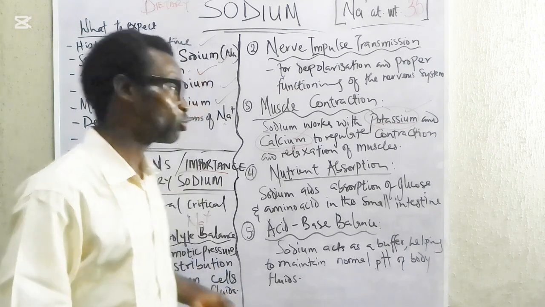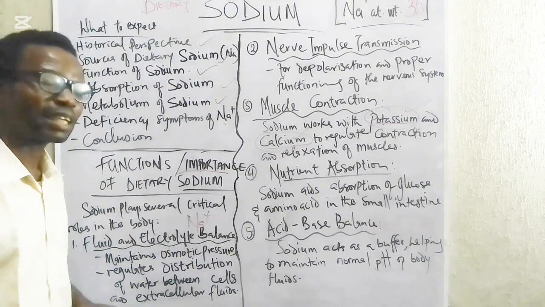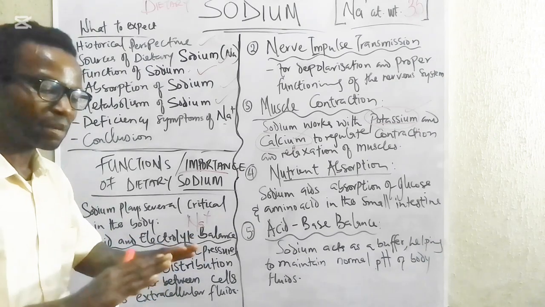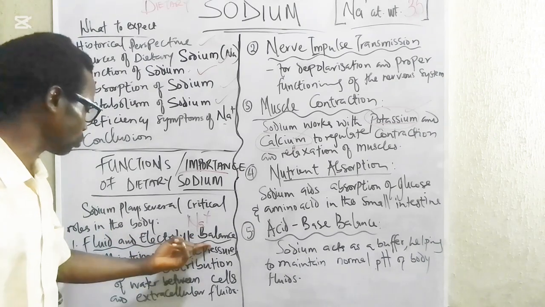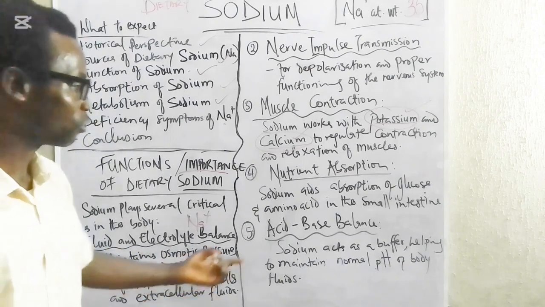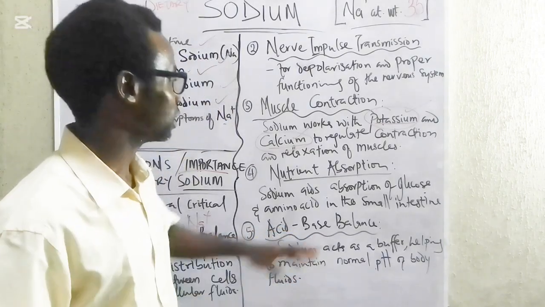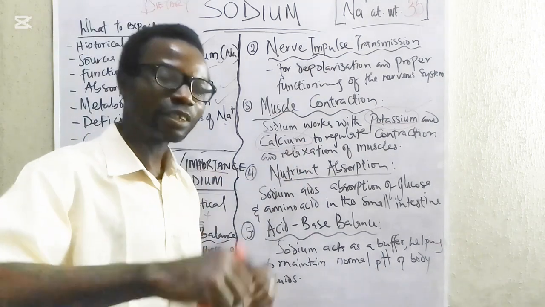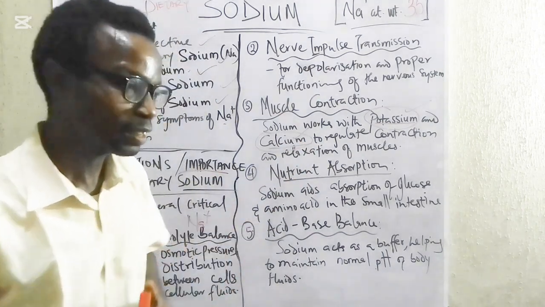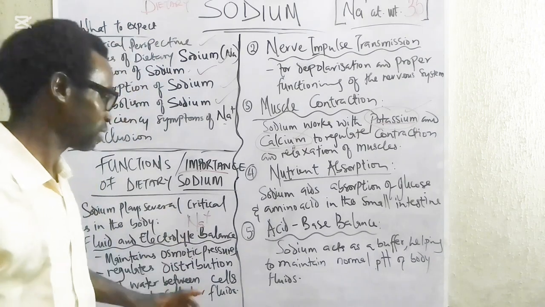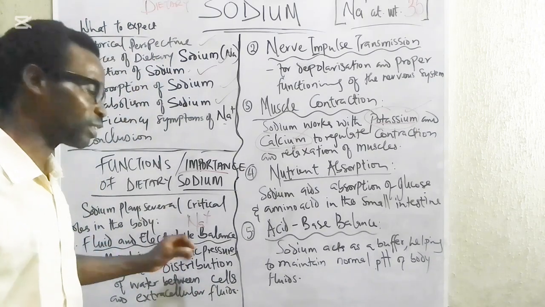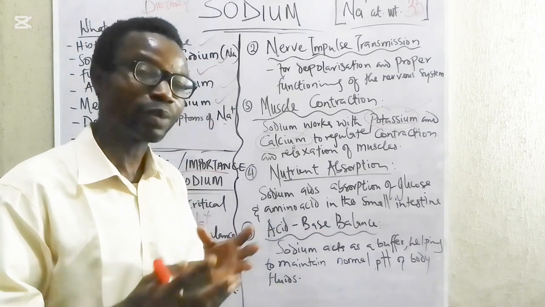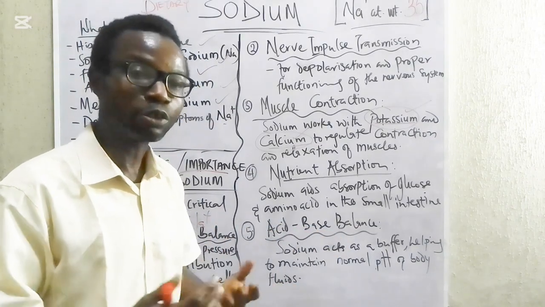So in a nutshell, what we see about sodium is that it helps in homeostasis. Homeostasis has to do with maintaining order, maintaining a balance. This one has to do with electrolyte balance, this has to do with pH balance. It helps in absorption of nutrients, helps in muscle contraction, and helps in transmission of information. Now let's look at it again. Sodium helps in balancing the fluid and electrolytes in the body, and helps in balancing the pH, that is the degree of acidity or alkalinity of the body fluid.